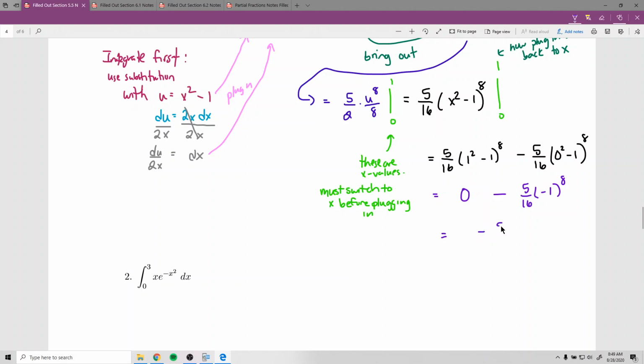We got negative 5 over 16. Negative 1 to an even power is 1. If it was an odd power, it'd be negative 1. We got negative 5 over 16 times 1, which is negative 5 over 16. So that would be this definite integral, negative 5 over 16.